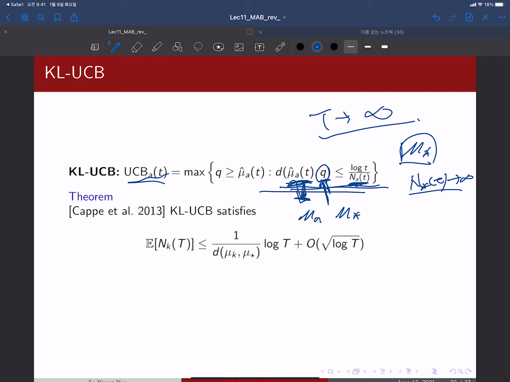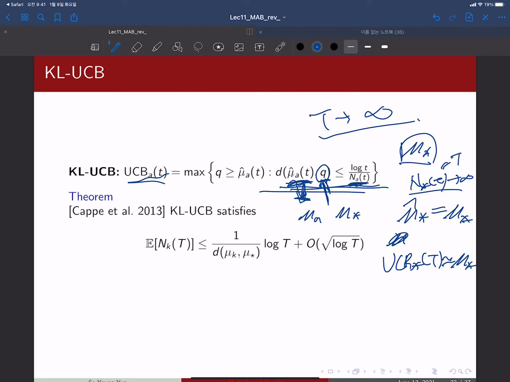So mu hat star is almost equal to mu star, and the UCB value as well. I think the UCB star, capital T, is also almost close to mu star, because N star T is almost equal to capital T. So log T over capital T is almost 0. And to make 0 KL divergence, this Q value should also be mu star. So we know that for the best arm, the upper confidence bound is mu star as well.